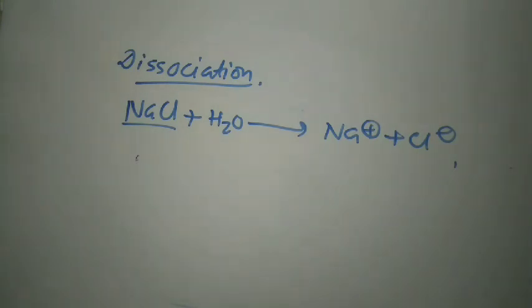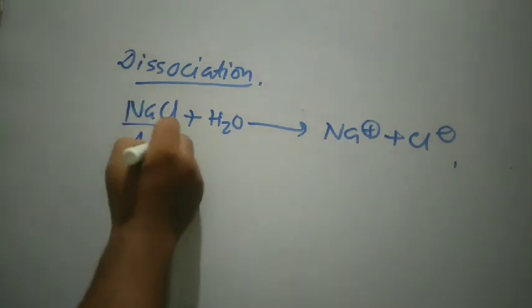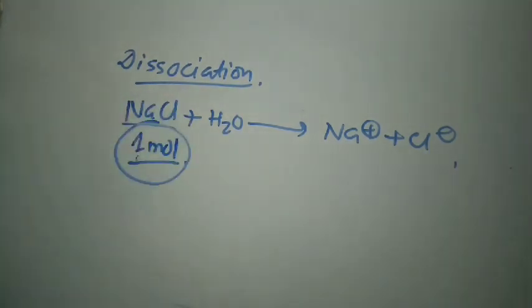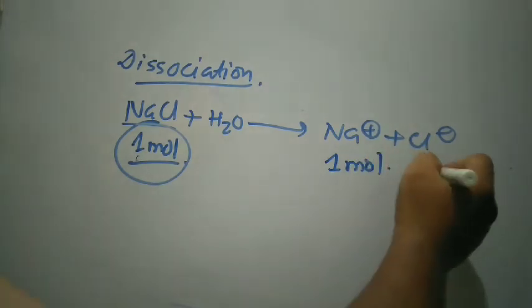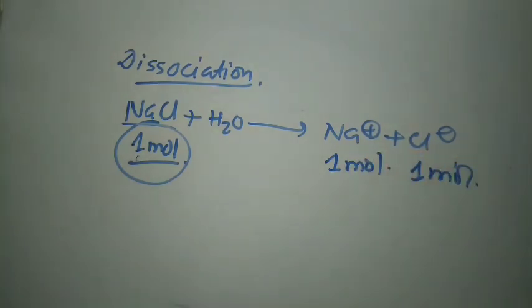Now if you add 1 mole of NaCl into H2O, then it will give you 1 mole of Na plus and 1 mole of Cl minus separately.